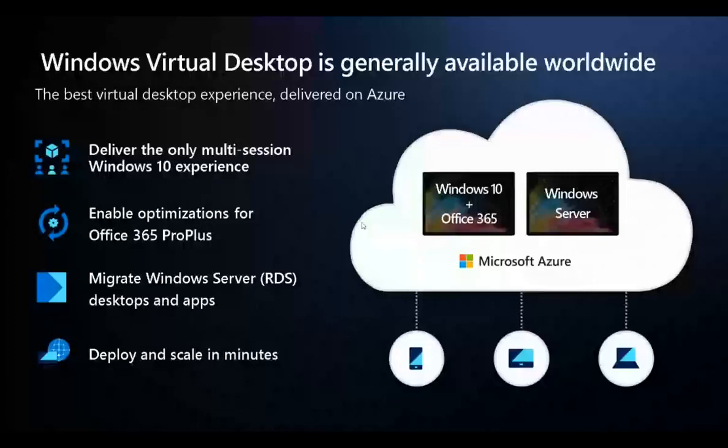The solution is nearly 36% cheaper as compared to what you would implement in your on-prem to have the resources accessed remotely. And this is a replacement to your on-premise Remote Desktop TS web services that we have been using on the Windows Server platform.